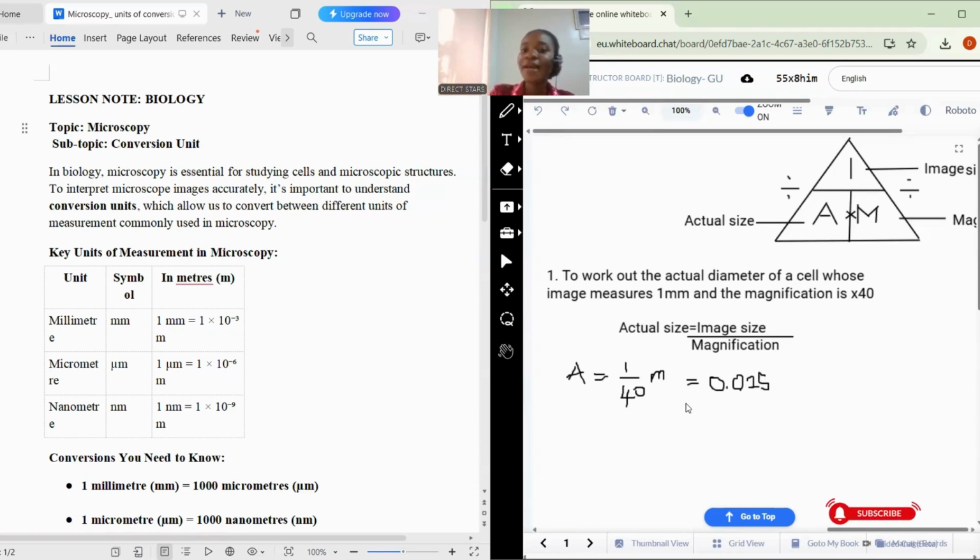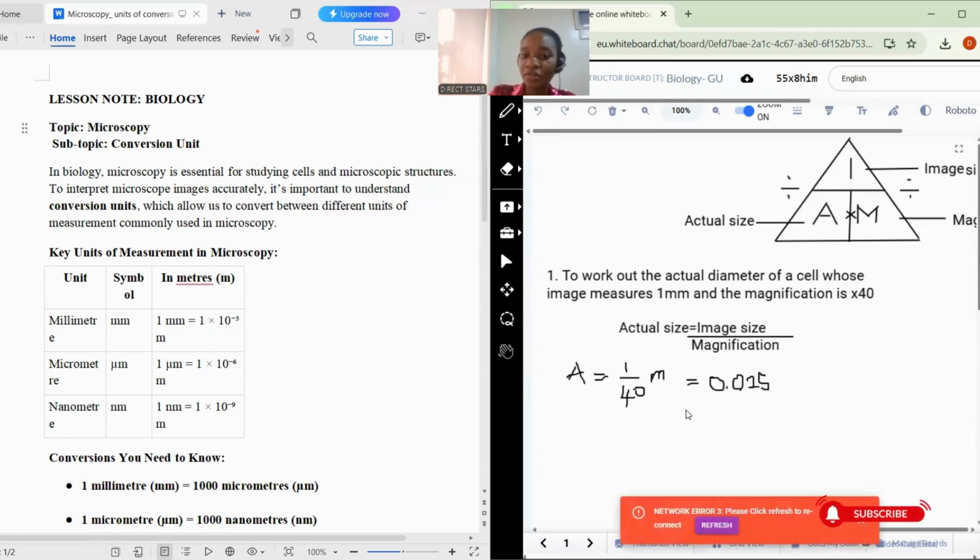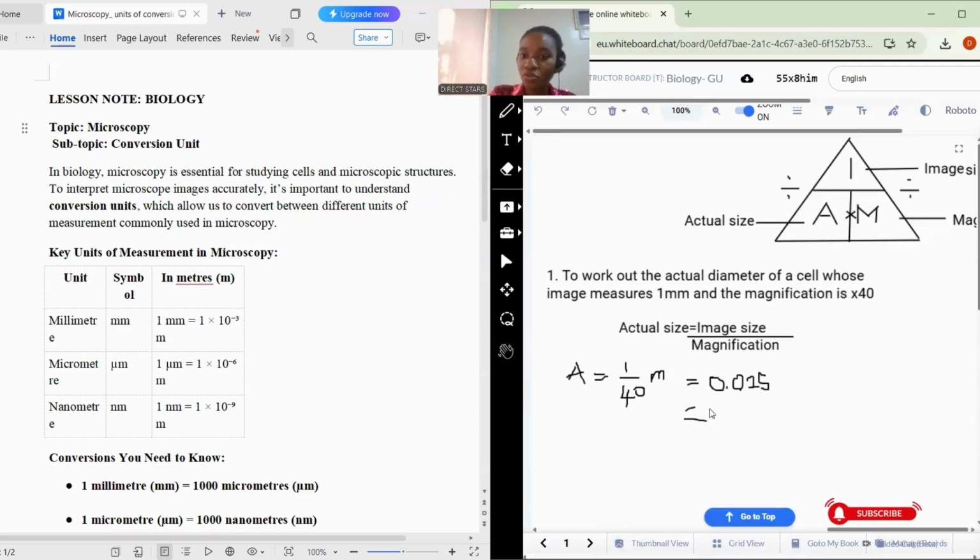So to convert this, what then do we do? We have to multiply. Remember what I said. We have to multiply by what? By 1,000. Beautiful. So if you multiply 0.025 by 1,000, what will be our final answer?